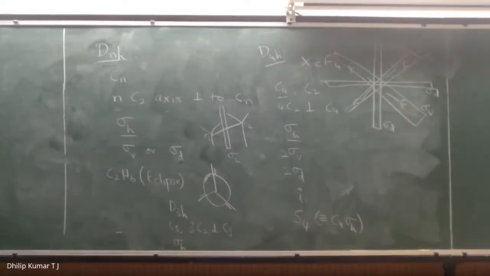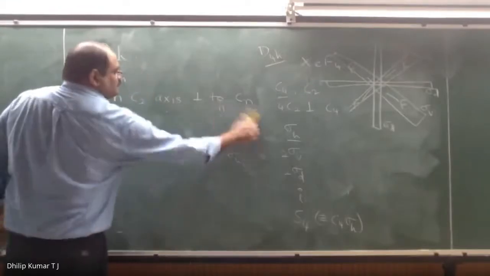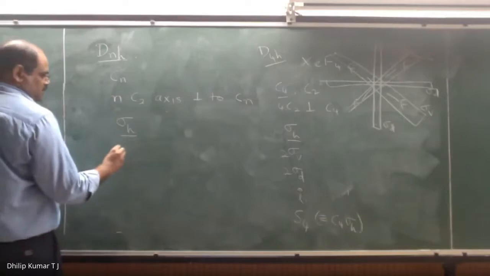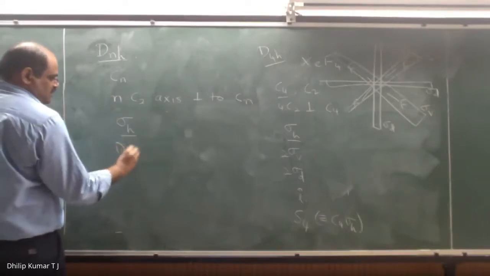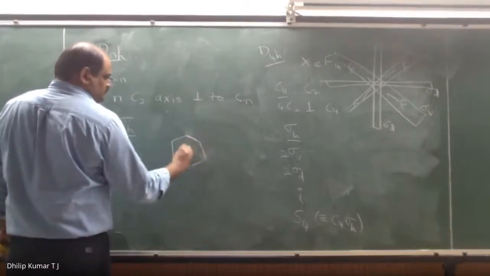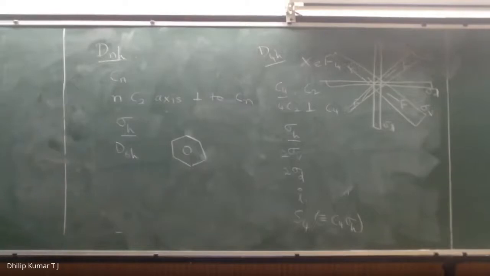I think ferrocene eclipsed is D5H, and benzene? What about benzene? D6H. Yeah, that's the best example to explain D6H. So benzene is D6H. We can write it quickly here.